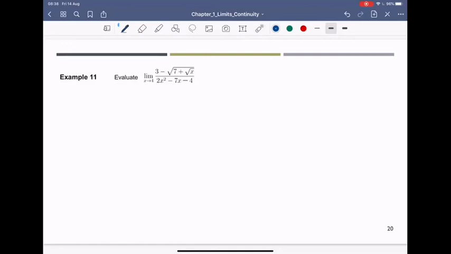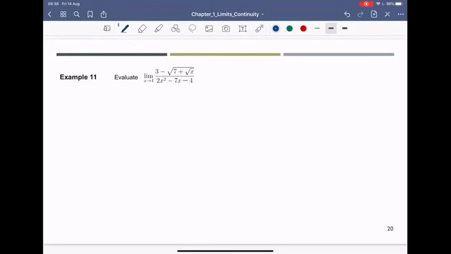So let's look at example 11. I should say this is a little bit hard one for the exam, but still not that tough, but it is a challenge one.